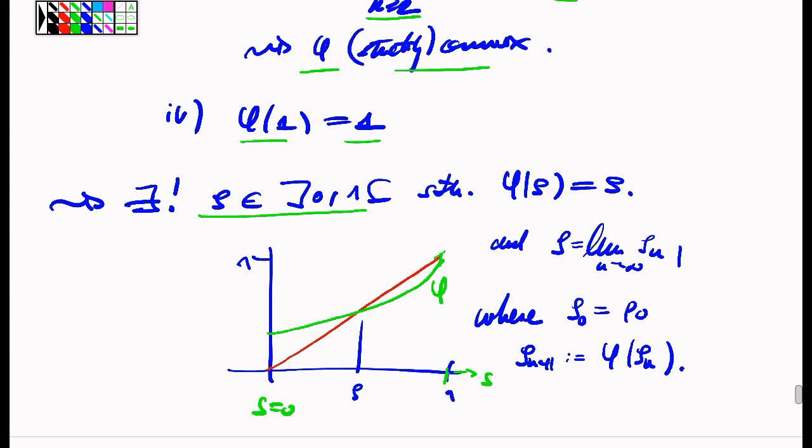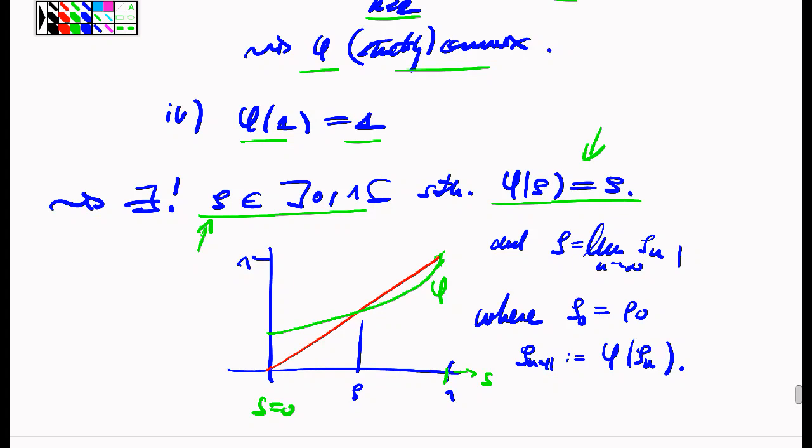Which means that there is a unique point rho where the function phi meets the identity function. So there's a unique point rho inside the unit interval, a strict interior point, where phi of rho equals rho. So it's a unique interior fixed point.